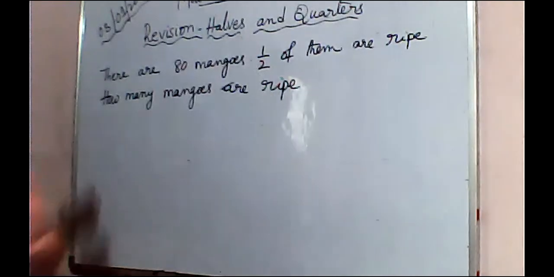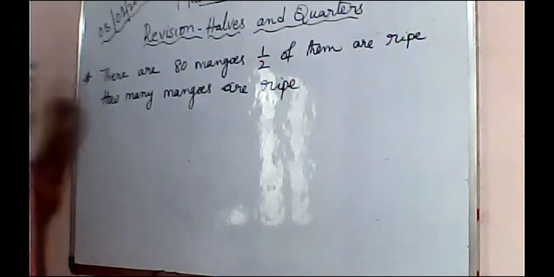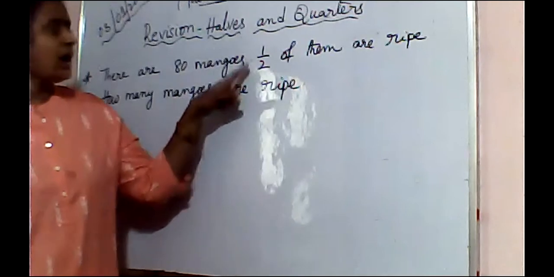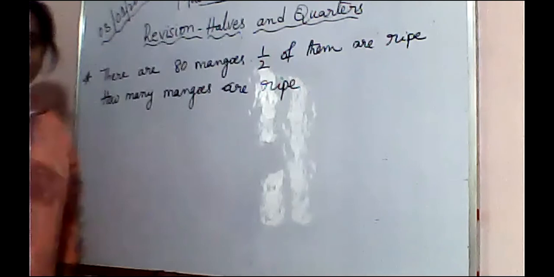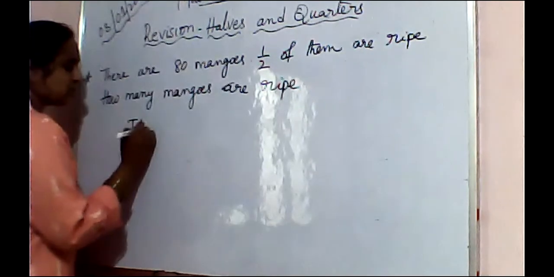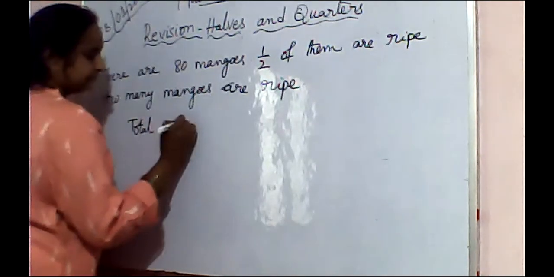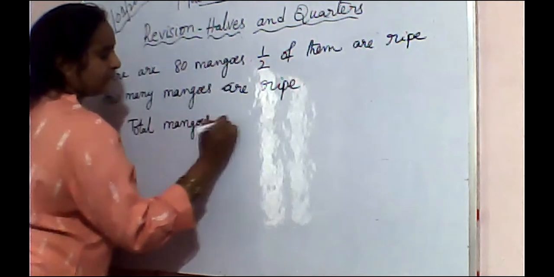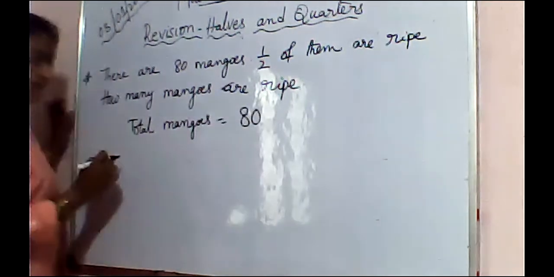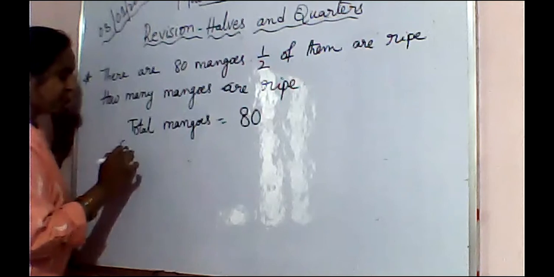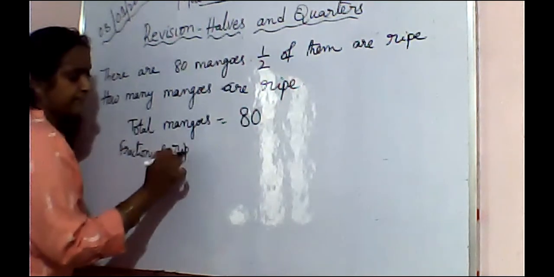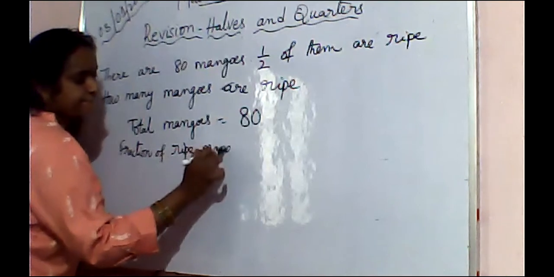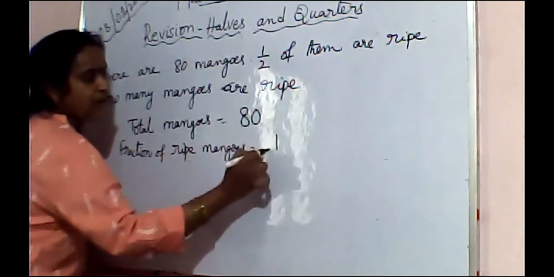There are 80 mangoes. Half of them are ripe. How many mangoes are ripe? So, total mangoes, how many do we have? 80. Fraction of mangoes: half.